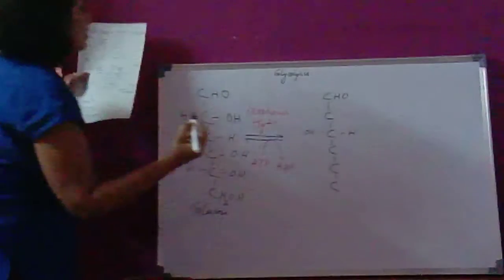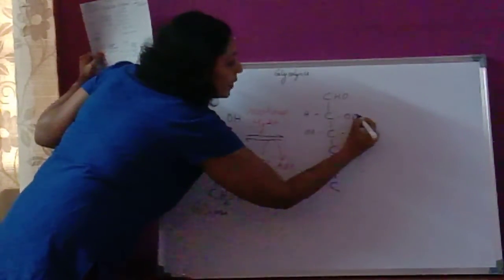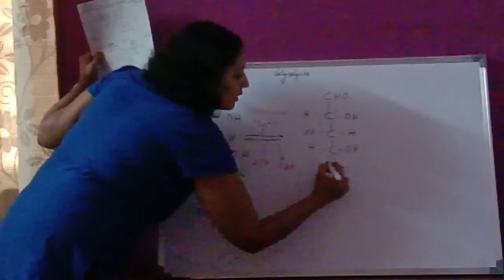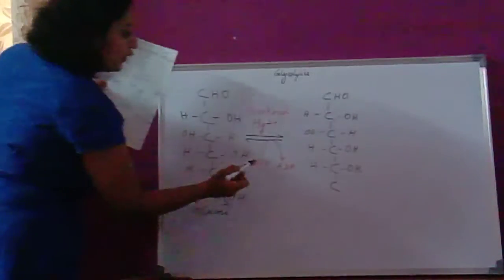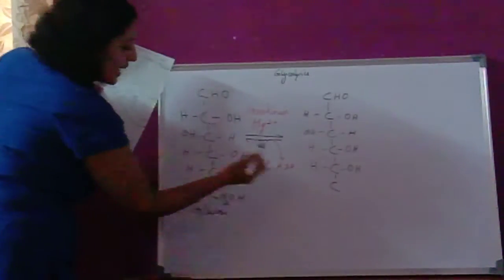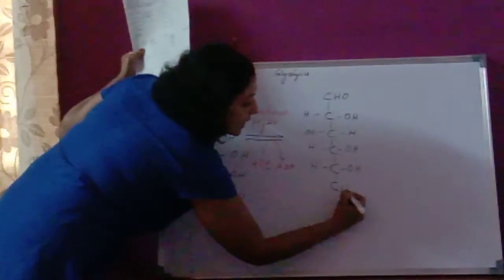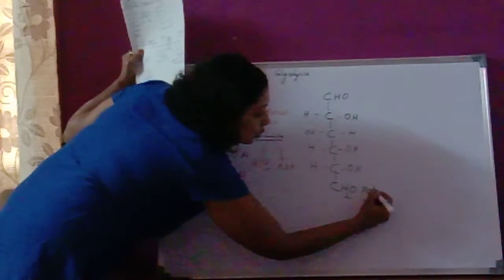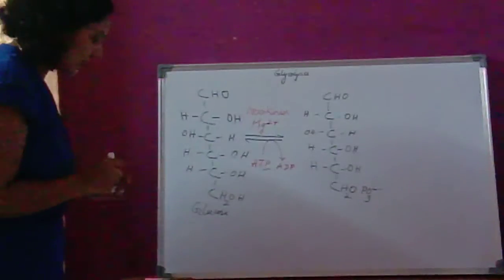The rest of the other carbon atoms are CHOH. And at the last carbon atom, the phosphate from ATP gets added to the glucose molecule, forming CH2OPO3 2 minus. So are you able to see the phosphorylation taking place here?